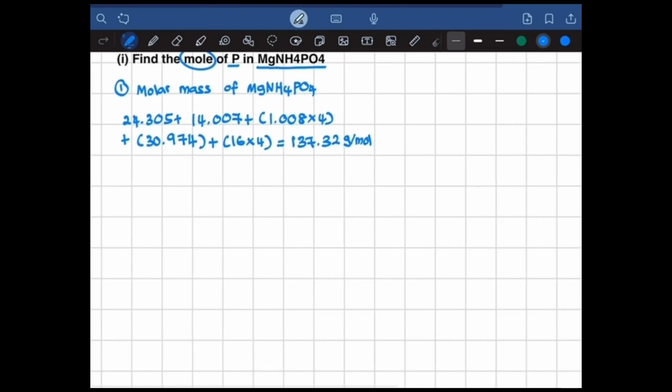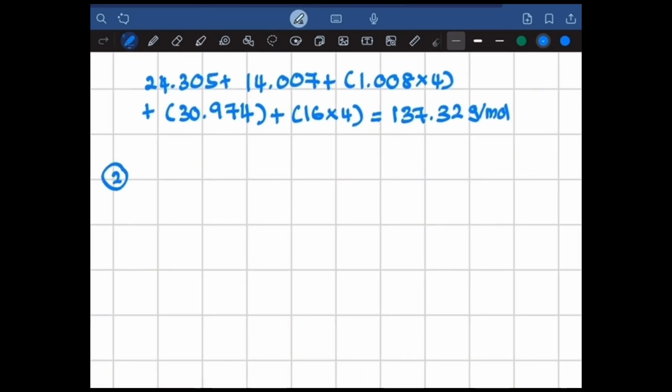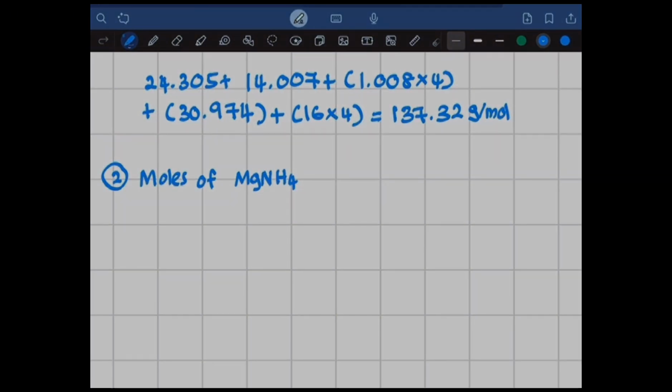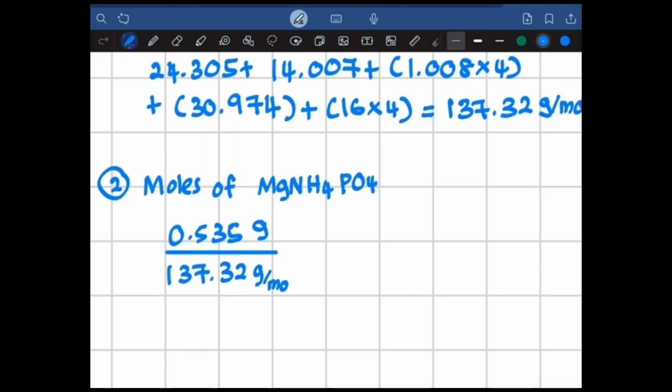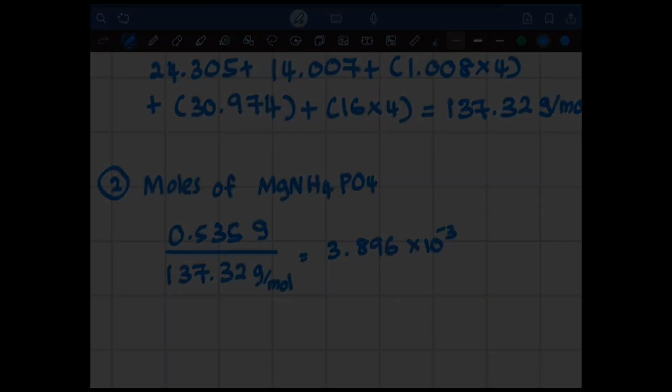Next, we are going to calculate the moles of magnesium ammonium phosphate. The formula of moles is mass over molar mass. So the answer for magnesium ammonium phosphate is 3.896 times 10 to the power of negative 3 moles.